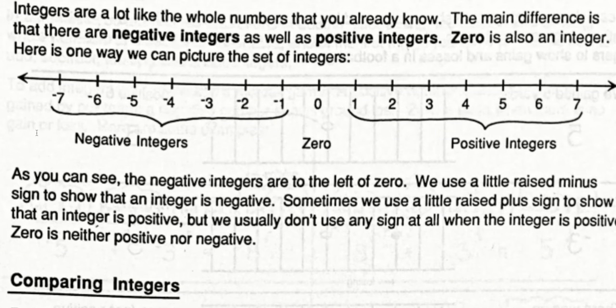As you can see, the negative integers are to the left of 0. We use a little raised minus sign to show that an integer is negative. Sometimes we use a little raised plus sign to show that an integer is positive, but we usually don't use any sign at all when the integer is positive. 0 is neither negative or positive.